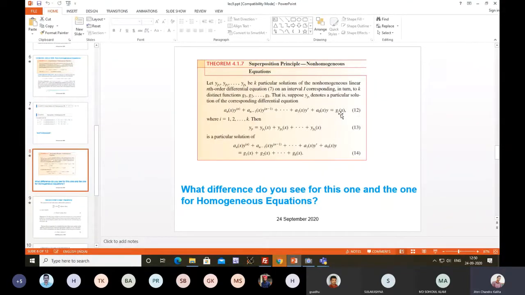Here you can see that the right hand side has been designated as gix, where i goes from 1 to k. Then their sum, that is yp given by this, is a particular solution of this equation.